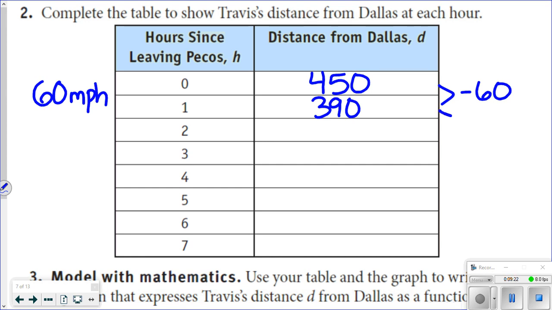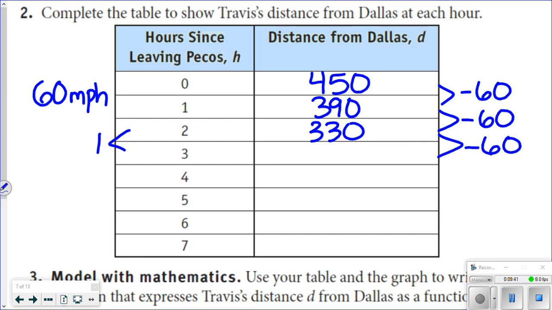Then in another hour, he's driven another 60 miles, so we subtract 60 again. So we're at 330. He's driven another hour, so we've gone another 60 miles. So now we're at 270.